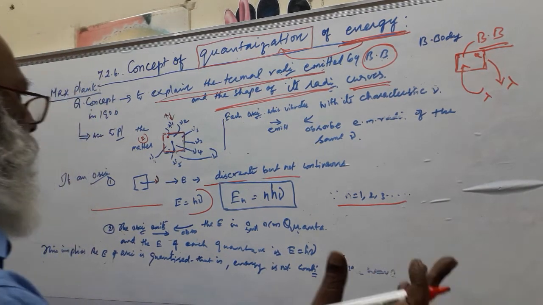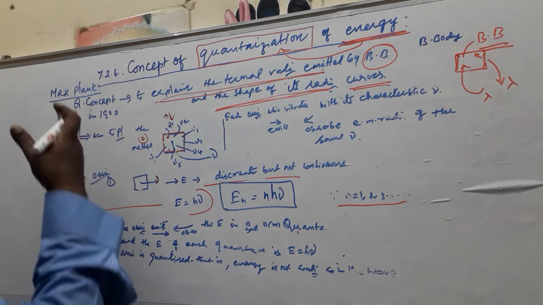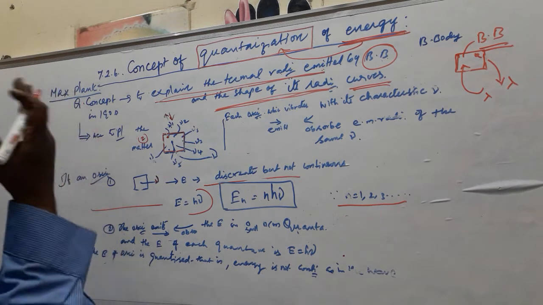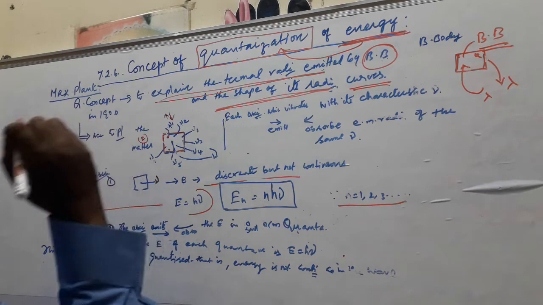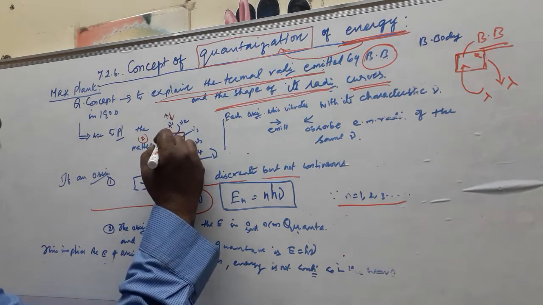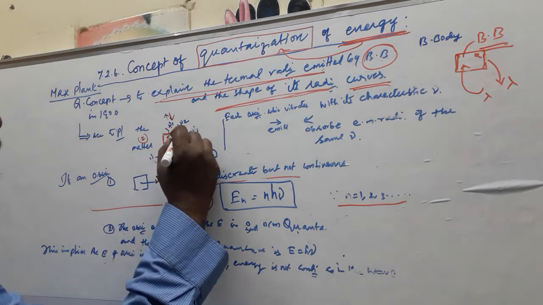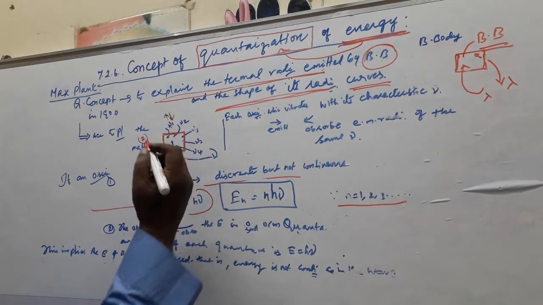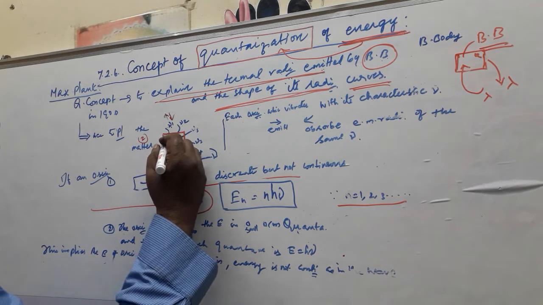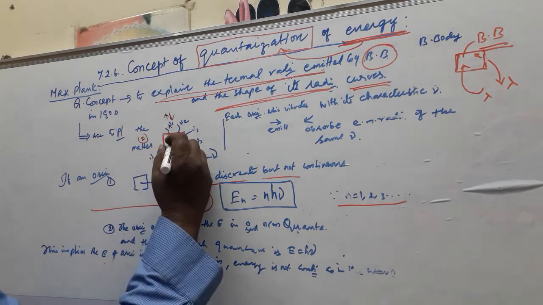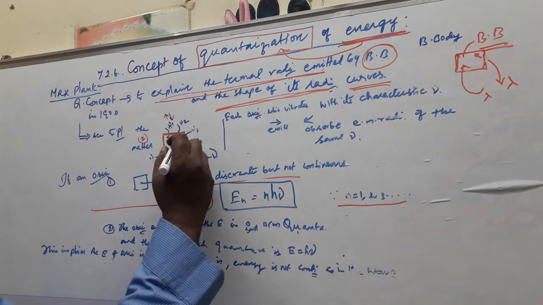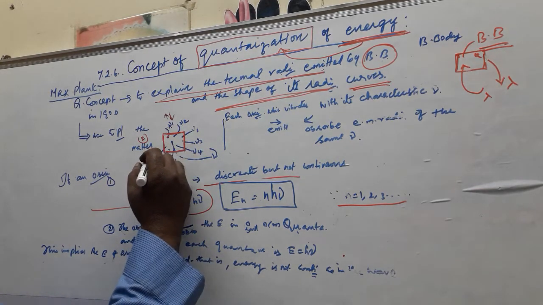Let us imagine, according to Planck's theory, that you consider a matter. The matter consists of particles: particle 1 has frequency nu1, particle 2 has frequency nu2, and so on up to frequency nu n.